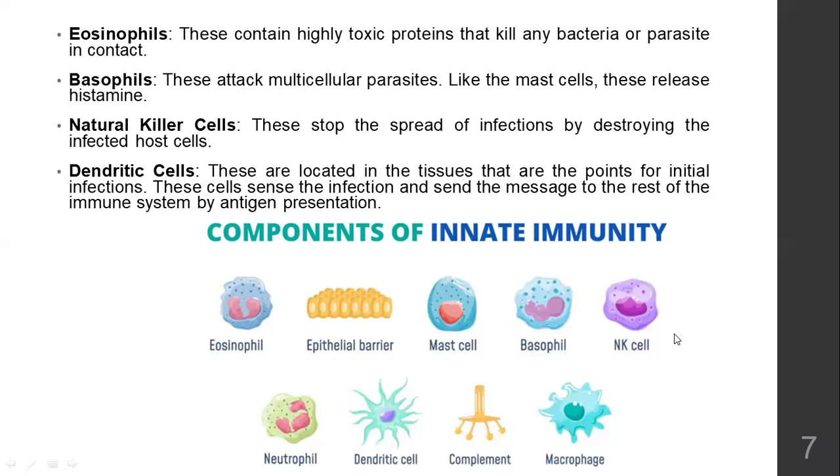They will sense that there is an infection or a bacteria that has arrived at the central nervous system, and they will send a message through chemicals to the rest of the immune system that a new pathogen has entered, and what medications or antibodies have to be produced. So far, is it clear to all?